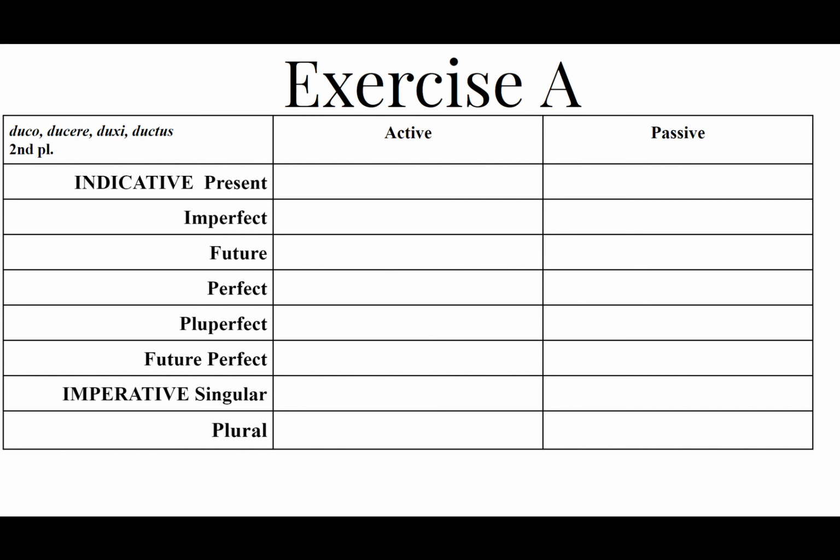Dico, duco, facio, and fero. So here we have duc, D-U-C. Second principal part passive is ducere. Plural active is ducite, and the plural passive is ducimini.